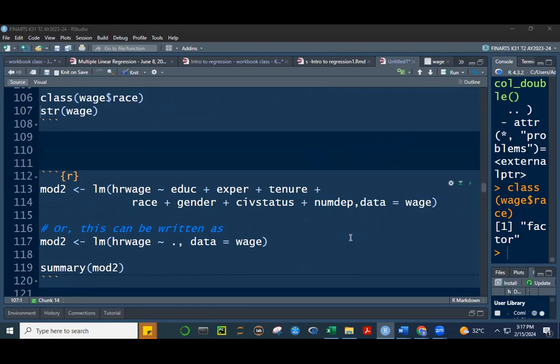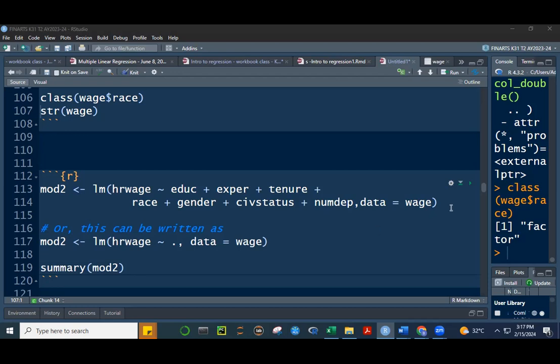Kasi ang factor class, nagdi-default sa R na sa regression, gagawin niyang dummy variable. Okay, which was very important before. Pero ngayon hindi na kasi nung rinan yung model 2, di ba? Without you converting it as a factor, nag-run siya. Ibig sabihin, nag-default si R na actually, behind the scene, it is actually converting it as a factor.